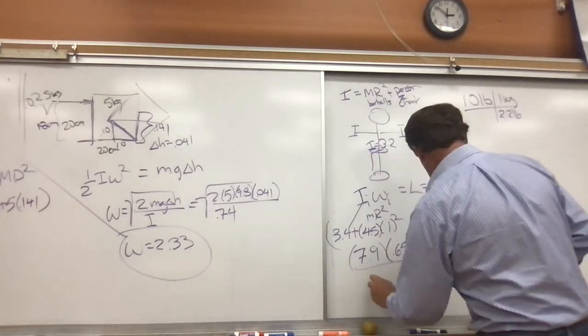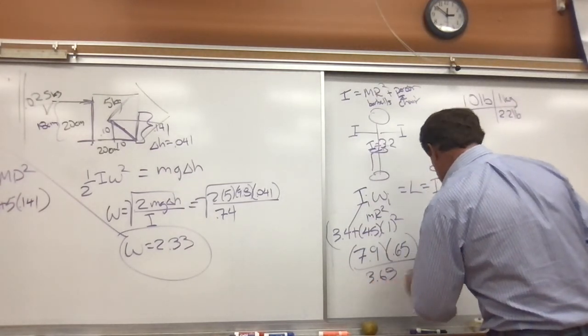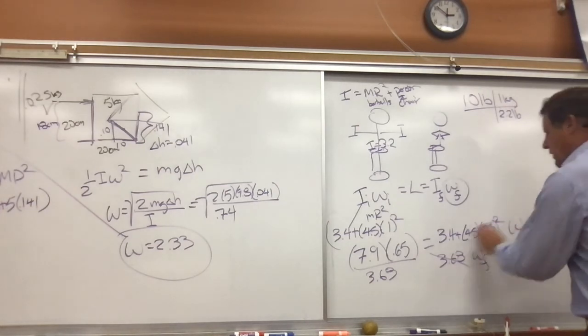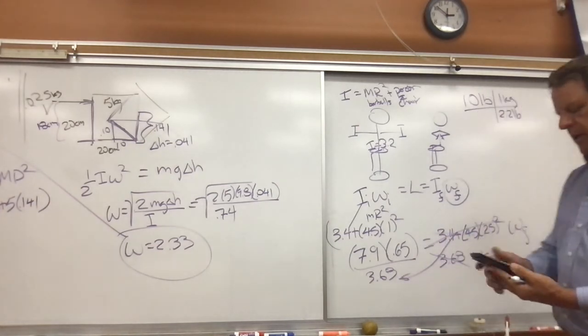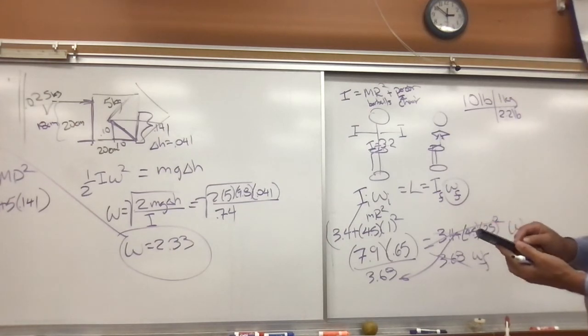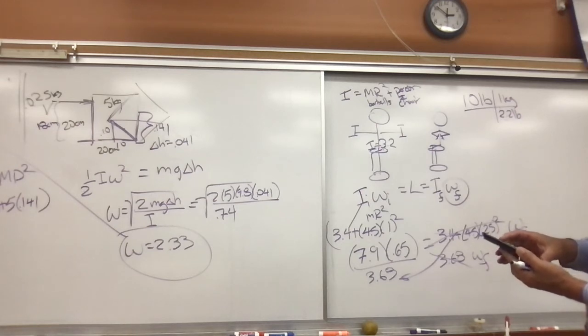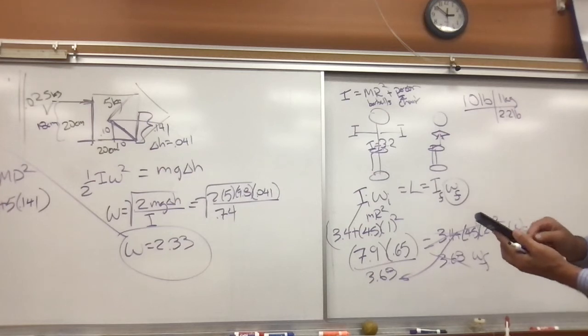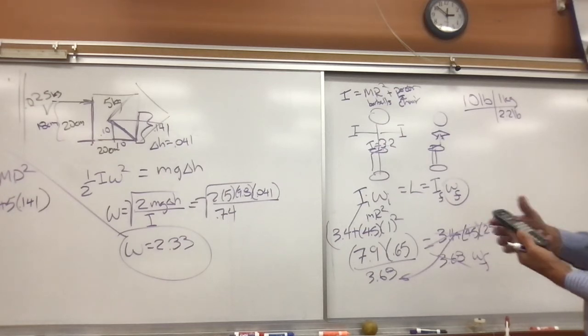So we're going to divide this by 3.68, right? So all of this gets moved down to there. And now we can multiply and divide all that. And we are going to get 1.4. Let me double check that. 7.9 times 0.65 divided by 3.68. Okay, so that's 1.4.